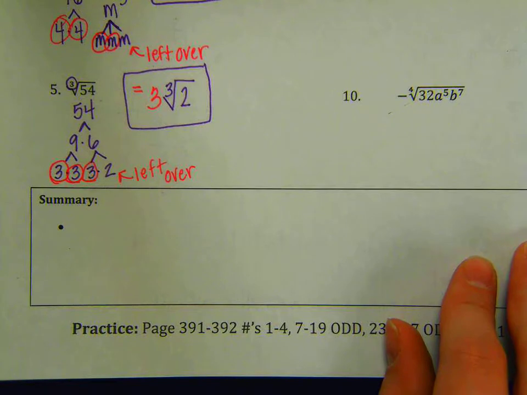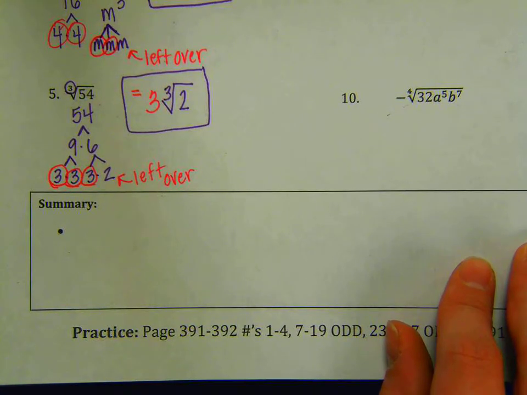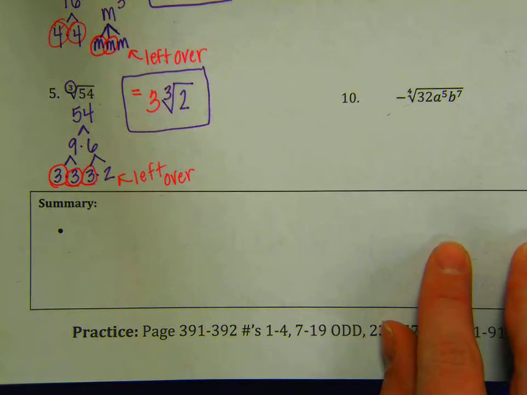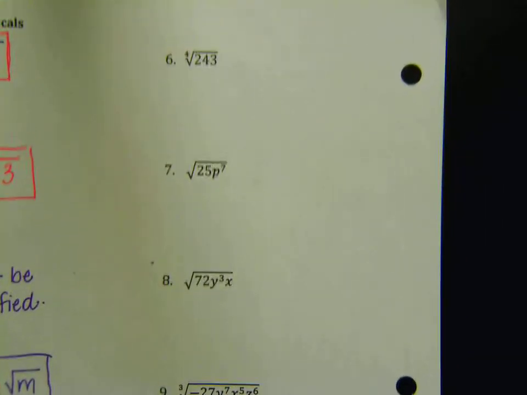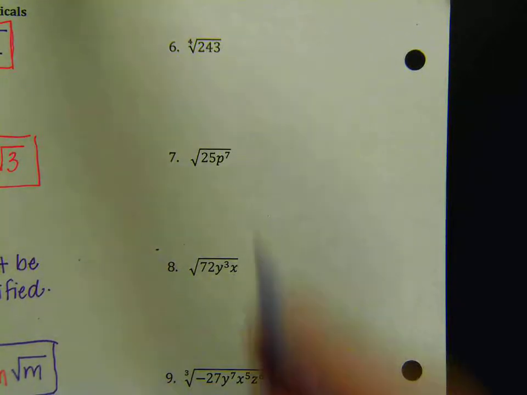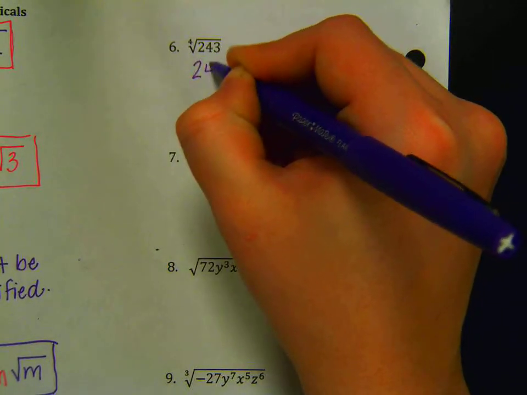Okay, number 6. In this one, we're working with an index of 4 this time. I'm going to move this down. So I have 243. How can we split that up?